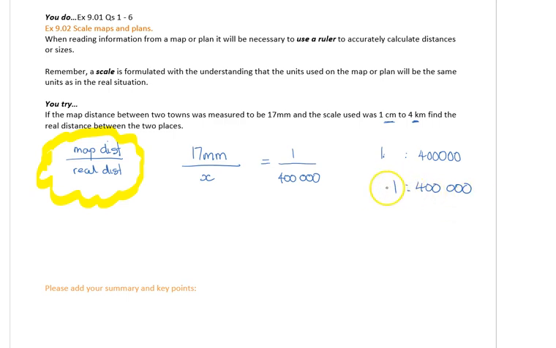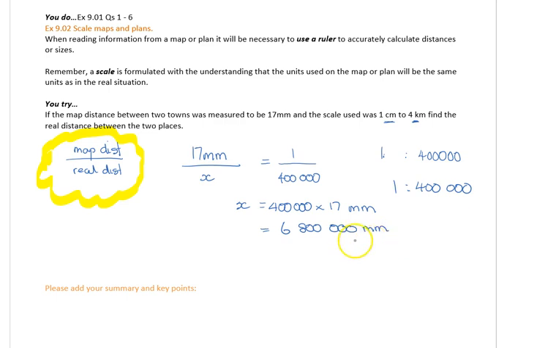It doesn't matter now whether we're working in centimetres or millimetres or metres. The scale is 1 is to 400,000. So to find x, we will cross multiply, and we get 6,800,000. See what I was saying about be prepared to get some very big numbers.